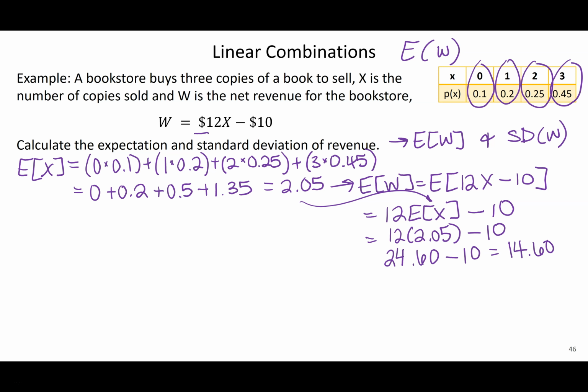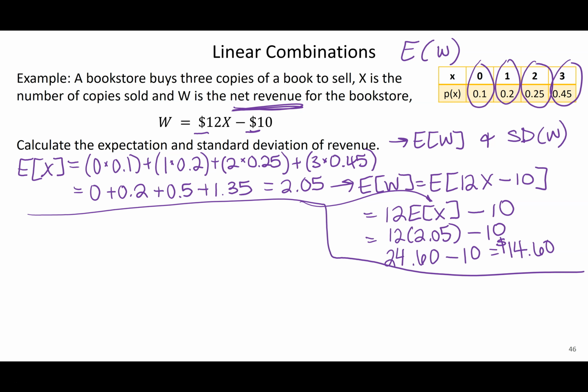Note, W is in dollars. So what this means is on average, I expect to make $14.60 net revenue. That's my expected value here.